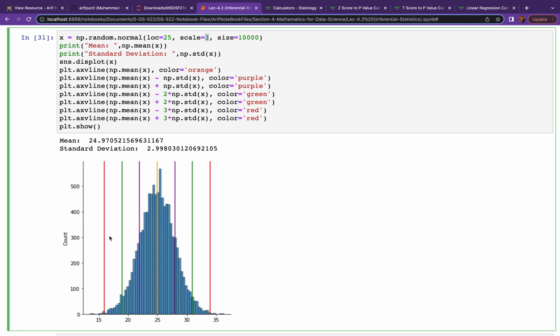Remember, in between these two red lines, which show the third standard deviation, 99.7% of the data resides, which is quite apparent from this graph as well.